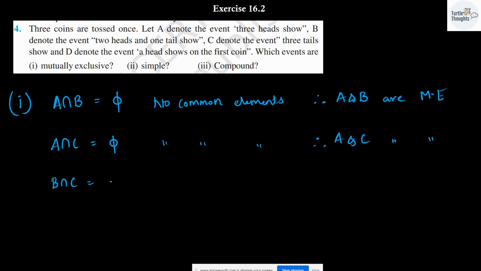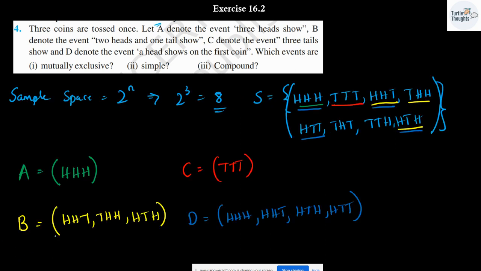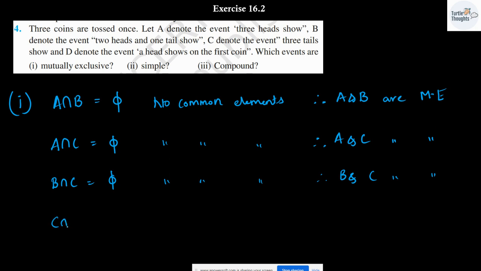B intersection C is a null set. Therefore, B and C are mutually exclusive events. Next, C and D. In C and D also no common elements. C intersection D is a null set. Therefore, C and D are mutually exclusive events. Clear?